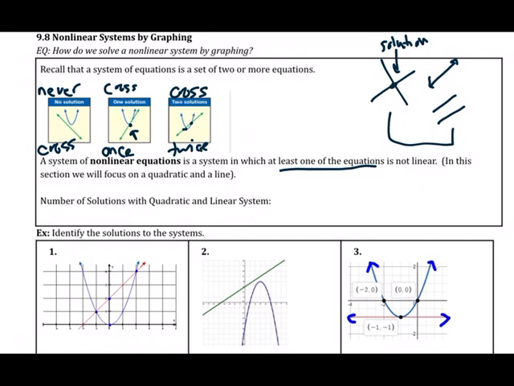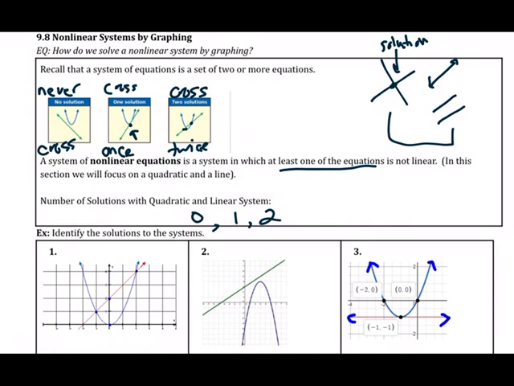So what we're looking for is where these two functions intersect on the graph. So we're no longer talking about where a quadratic intersects with the x-axis. We're talking about where the quadratic intersects the line, or if the quadratic intersects the line. So the number of solutions again can either be 0, they never cross, 1, they cross at exactly one point, or 2, they cross exactly twice.